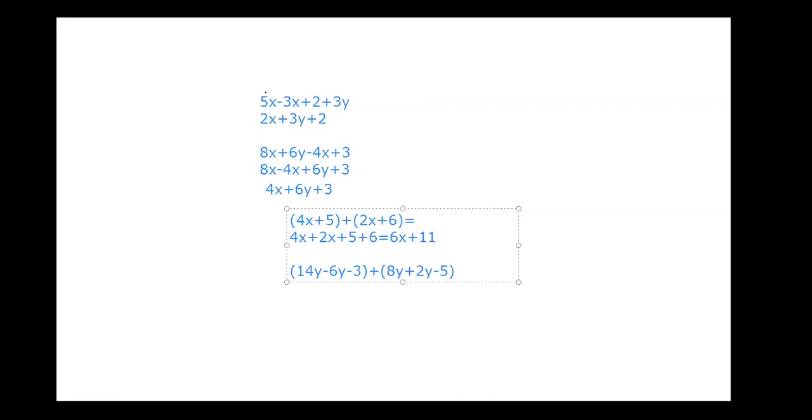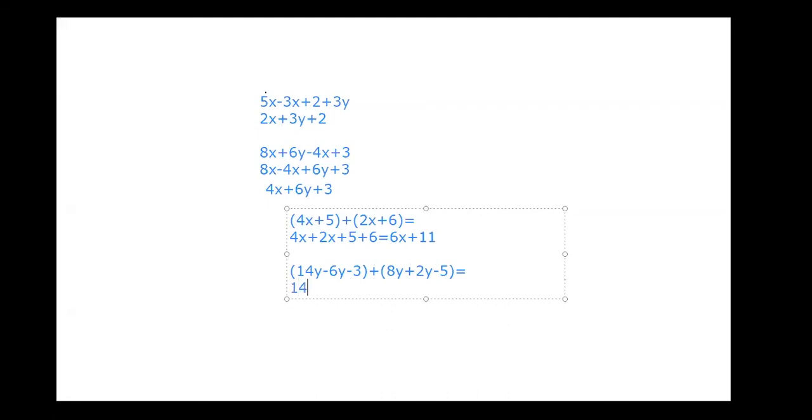Now with this, all we're going to do is group this stuff together. We can regroup it. This plus right here is not going to change anything that's going on inside the parentheses on the right side of the equation. That's important. Okay? So we're going to take all the y's and group them.